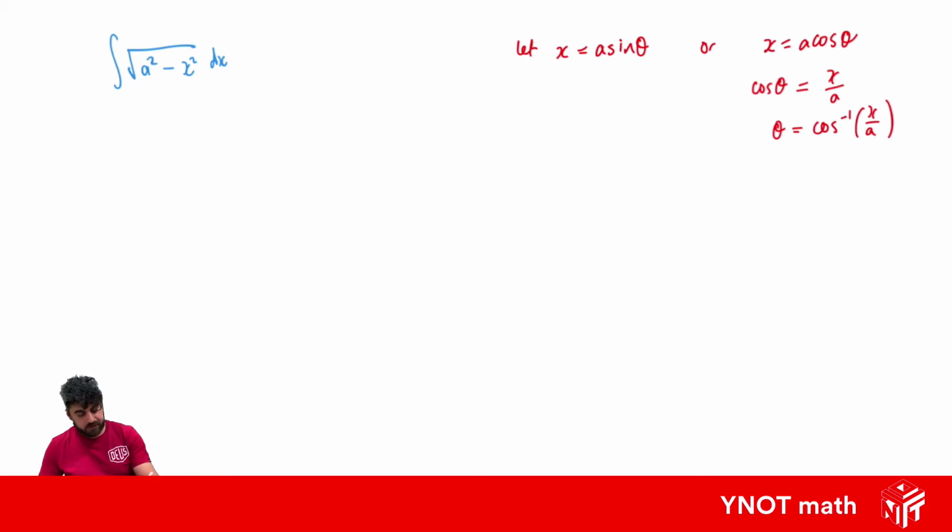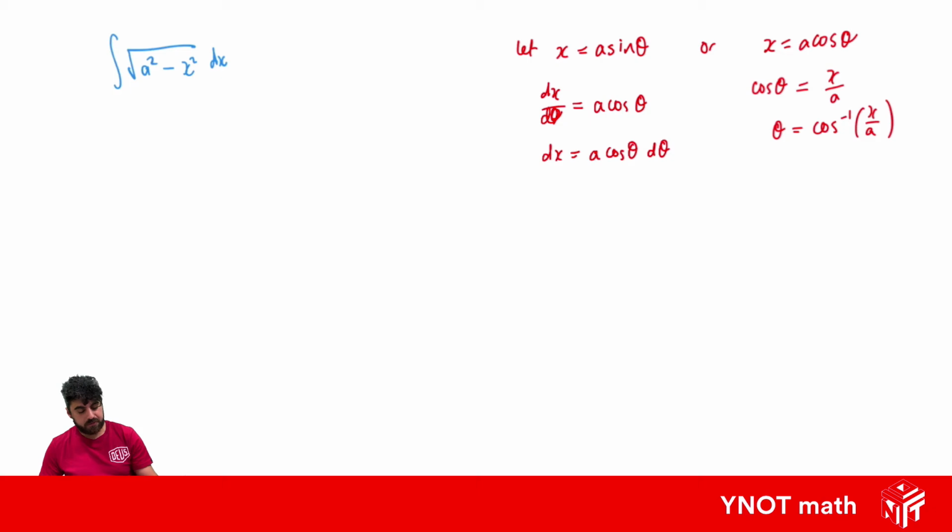So let's derive it. We're going to have dx d theta. The derivative of sine is just cos, so we're going to have a cos theta. We'll make dx the subject, so dx equals a cos theta d theta.